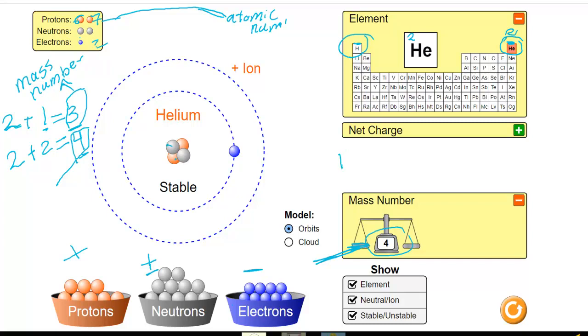So that's why there is helium He-3 and He-4. So the mass number can be 3 or 4. The atomic number, on the bottom, is always 2. So there is helium 3, helium 4, or helium mass number 3, helium mass number 4.